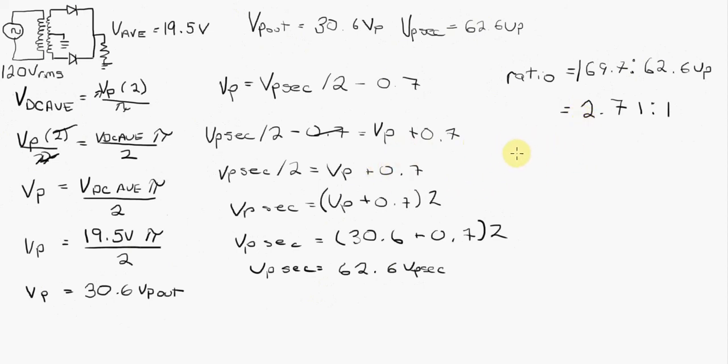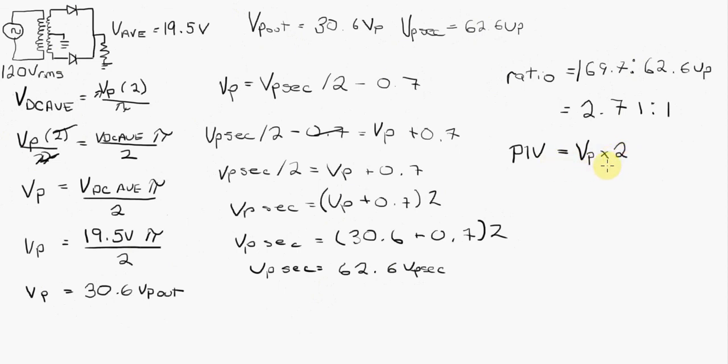The only thing we really haven't solved for here was the peak inverse voltage. We still need to sort that out. If you remember from class, the peak inverse voltage was V peak out, the voltage coming out across the load resistor, times 2.